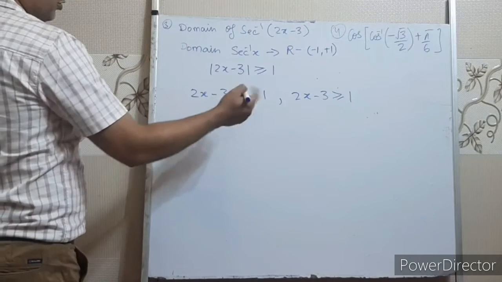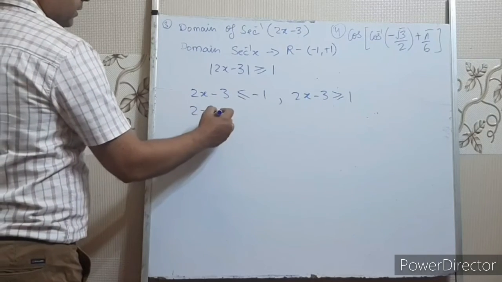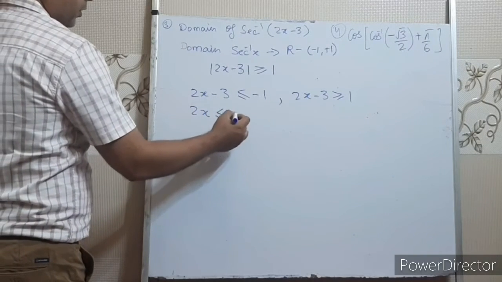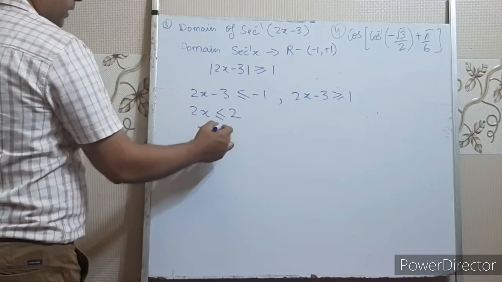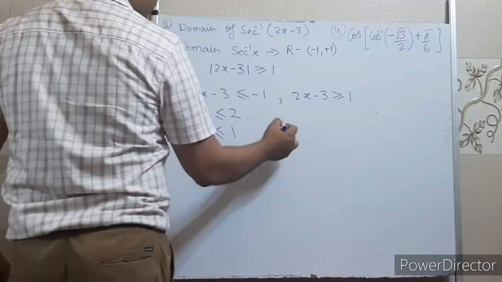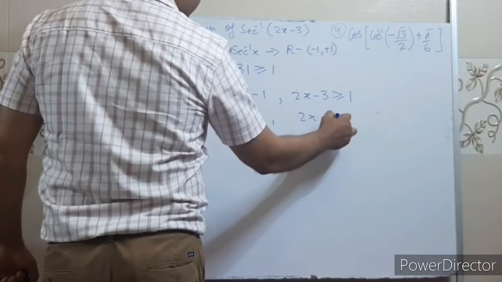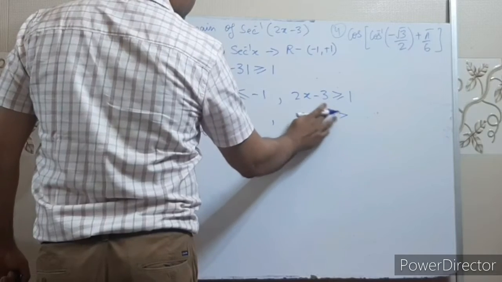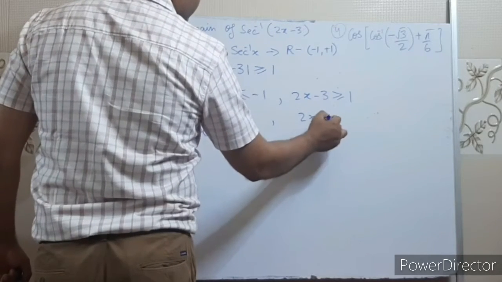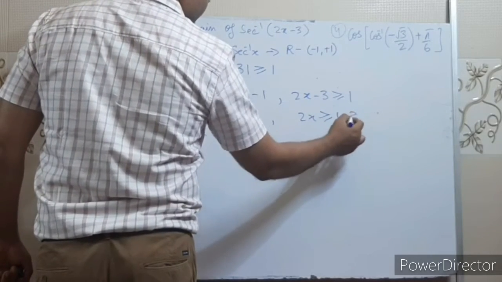So when you solve these two inequalities, what will we get? 2x is less than or equal to 2, transferring minus 3 to that side, you will get 2. So x will be less than or equal to 1. For 2x minus 3 greater than or equal to 1, transferring 3 to that side, 2x will be greater than or equal to 1 plus 3, that is 4.